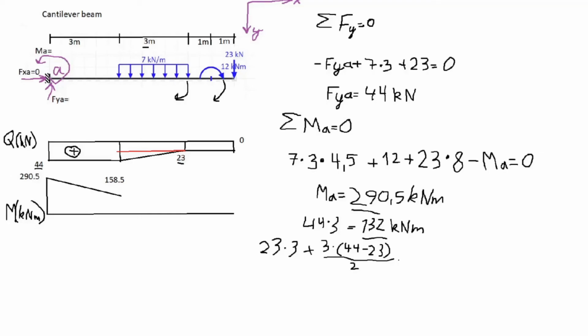And we will get that this is equal to 100.5 kilonewton meters. 158.5 minus 100.5 will give us 58 kilonewton meters. And since this line on the shear force diagram is a linear line, when we integrate a linear graph, it will turn into a parabolic line.